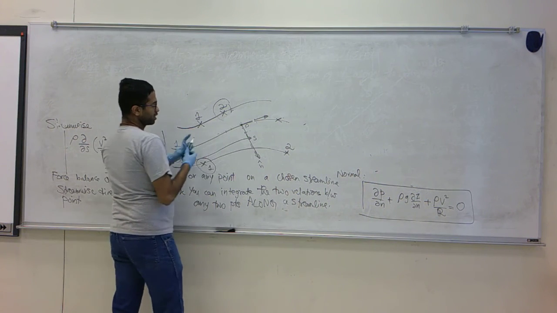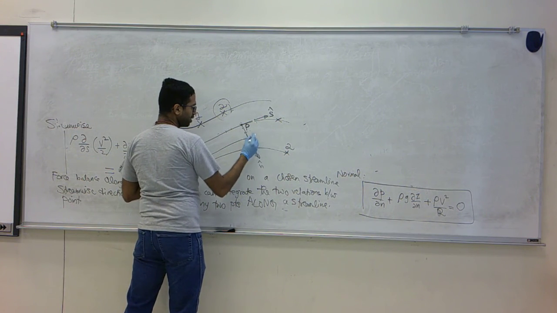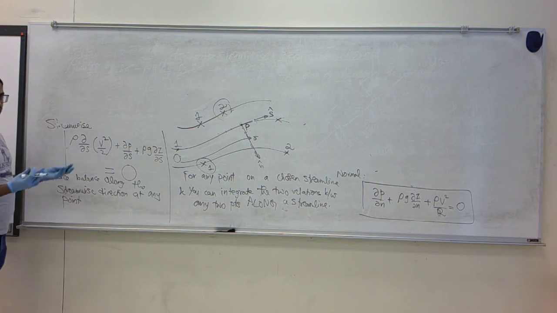Okay, so here is point P, here is S cap, here is N cap, and here is the definition of distance along the thread or along the streamline.